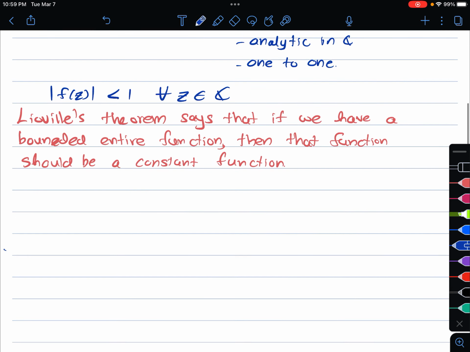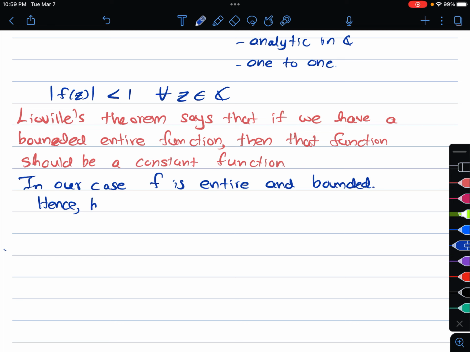So in our case, f is entire and bounded. Hence, by Liouville's theorem, f is a constant. So I will call f(z) equal to k for every z in the complex plane.